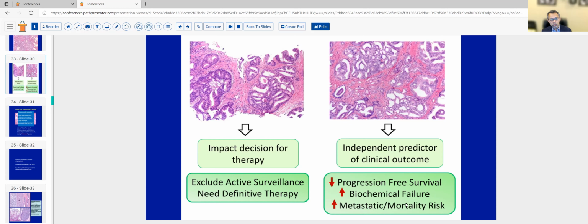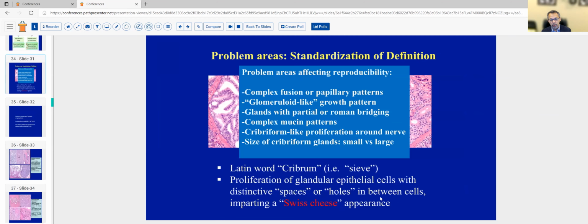So you would argue that a morphological parameter so strongly associated with clinical decision making has to become very reproducible amongst pathologists. Otherwise, we could potentially be mistreating patients.